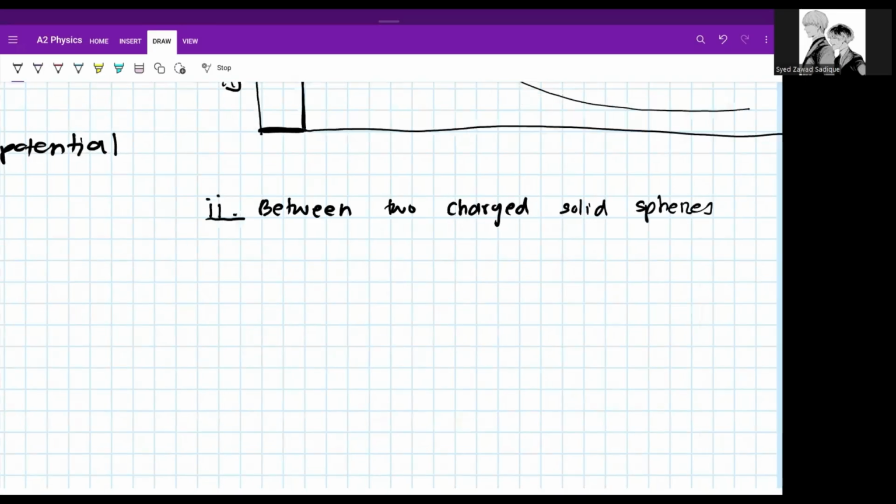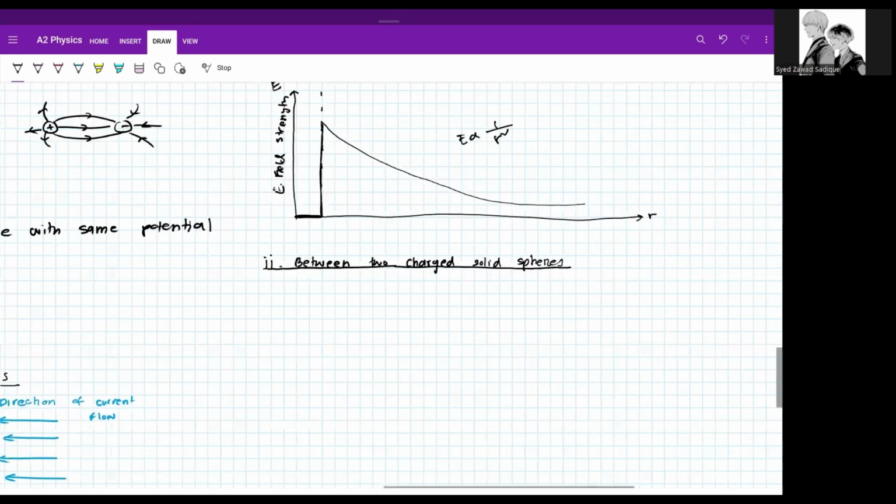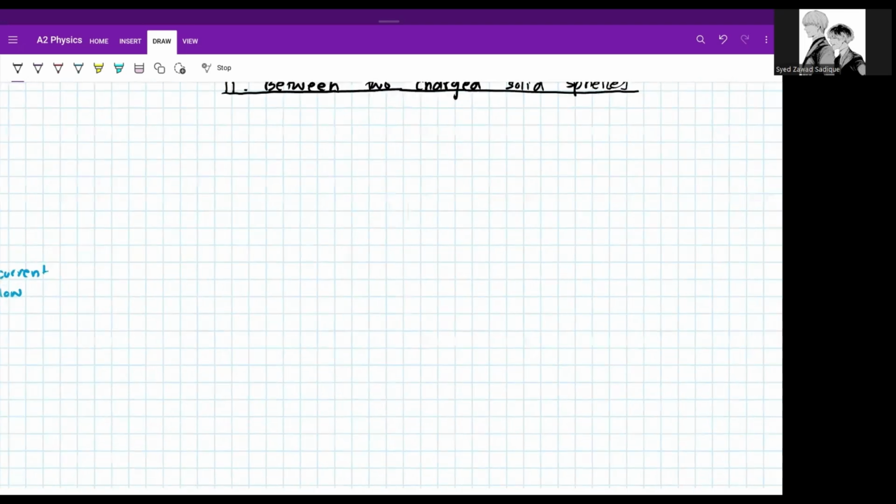I'll draw the two graphs for electric potential and electric field strength, but afterwards I will give you some note points that I want you guys to just remember. I won't be explaining them because explaining them will take a lot of time, and our goal is not explanation, our goal is to complete the syllabus. Also, this is not a very big part of your syllabus, but I'm still doing it because I'm obligated to as your educator.